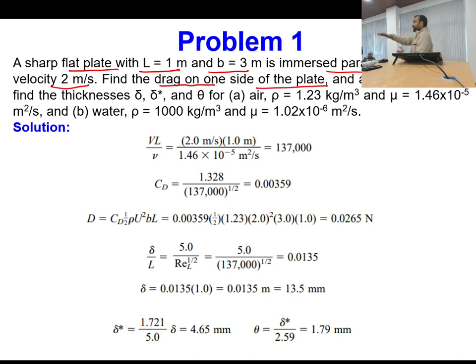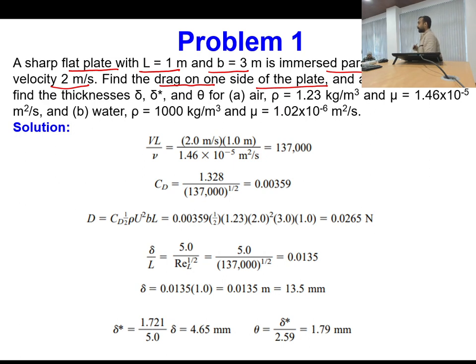Whenever a plate is immersed in a flow stream, the plate can have drag on the upper face as well as on the bottom face, but it is given in the question that we need to find the drag only on one side of the plate. The first task is to determine the drag, and the second task is to find, at the trailing edge, the thickness delta, delta star and theta.